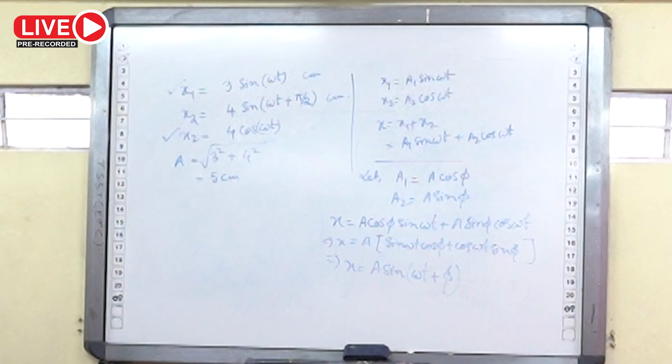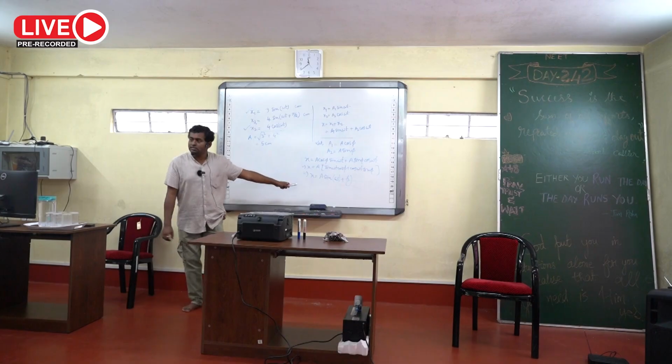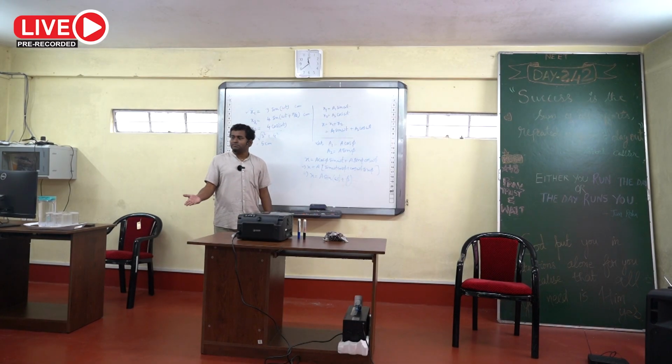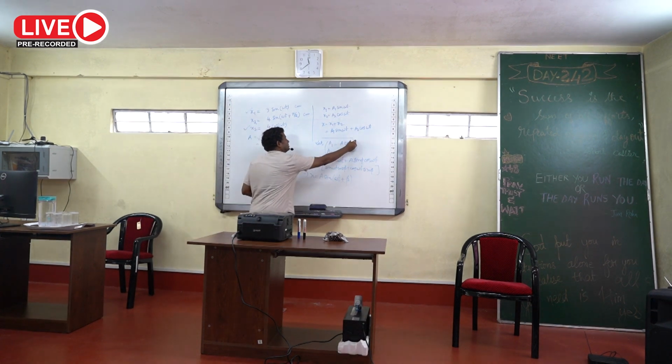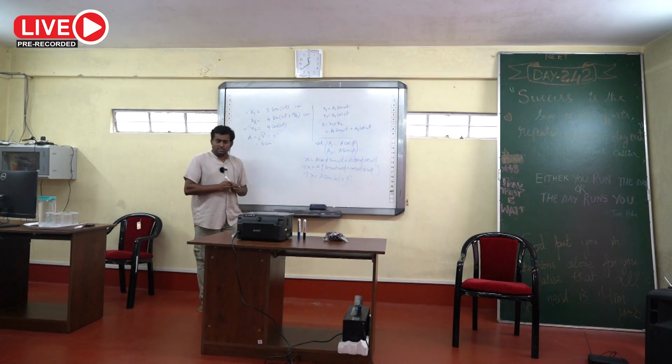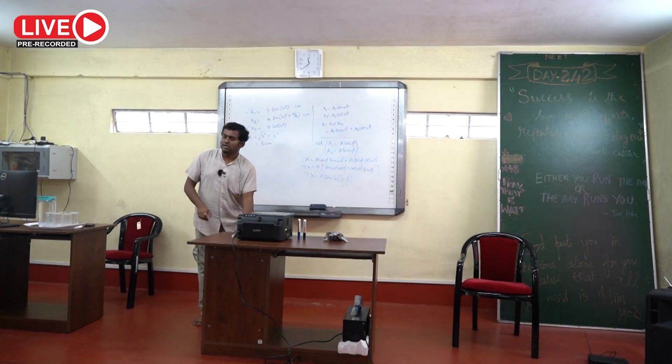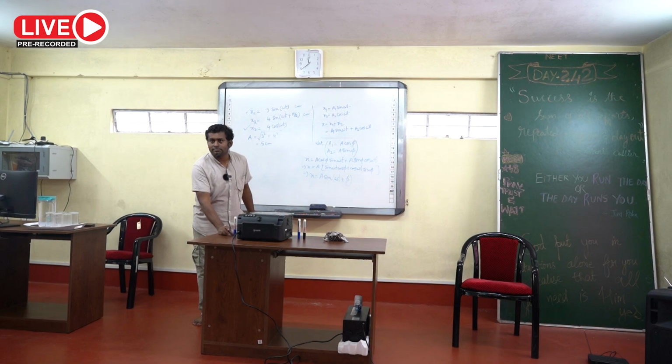Then what will be the amplitude of the resultant vibration? This capital A. So you have to find some way to find capital A. These two are there. Square them and add them.